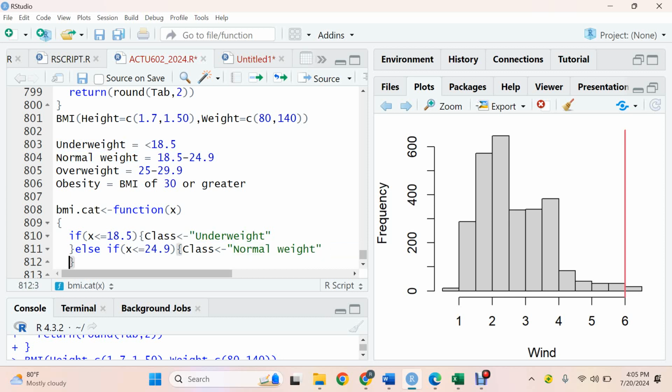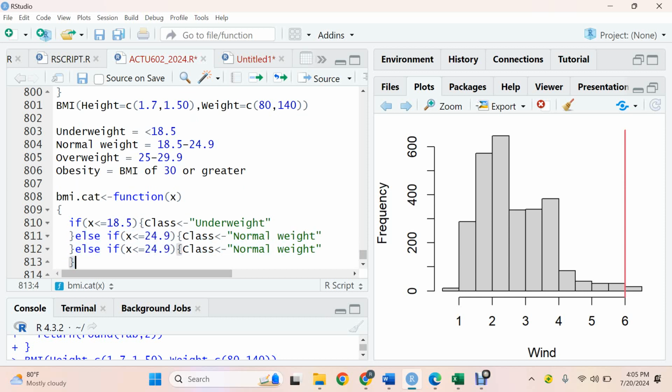And then we do the next one, else if. Okay, so I can copy the whole thing and paste here and change this one to overweight. But if you're overweight, it should be 29.9.